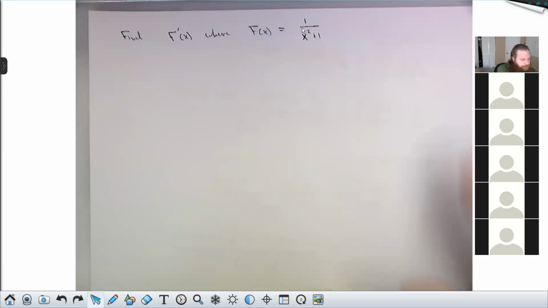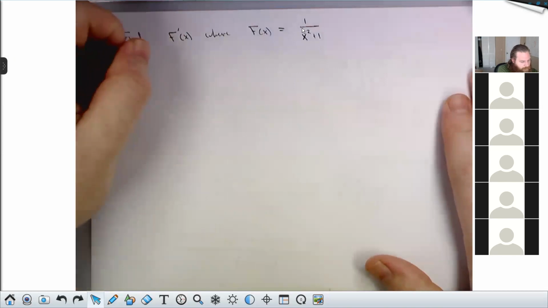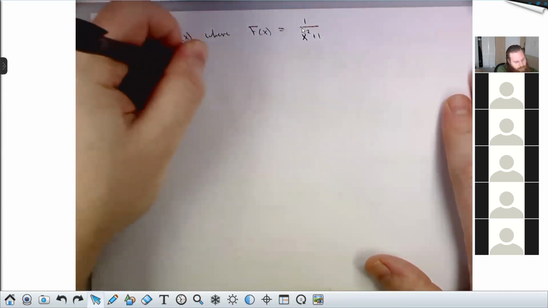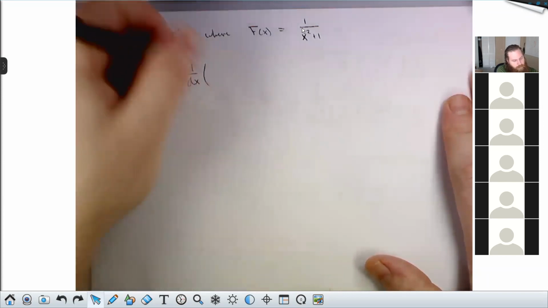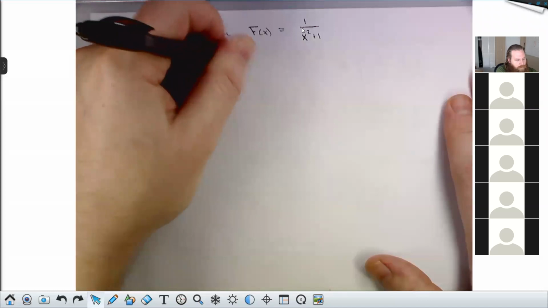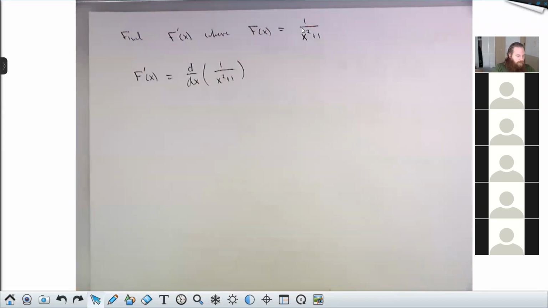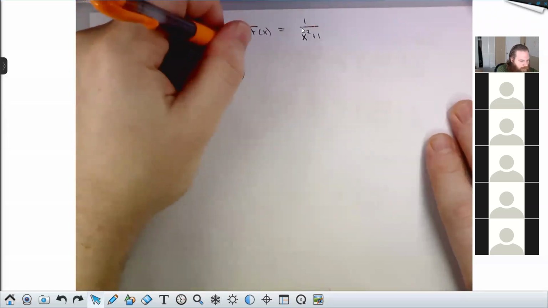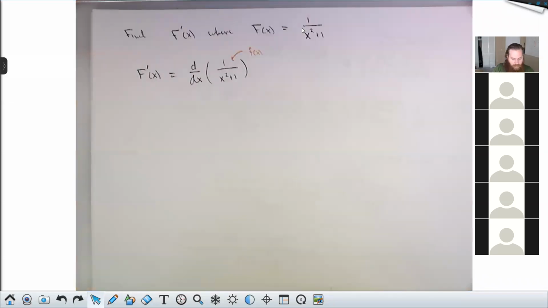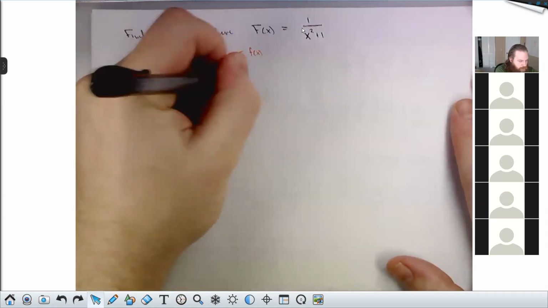I want to take the derivative of this thing. So I know that what I need, capital F primed of x, is the derivative d dx of 1 over x squared plus 1. So I can think of my little f upstairs here as being the function 1, and my little g downstairs as being x squared plus 1.